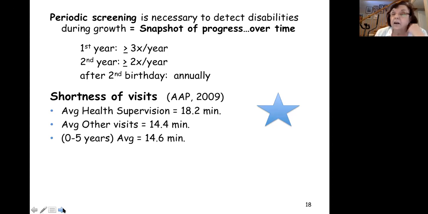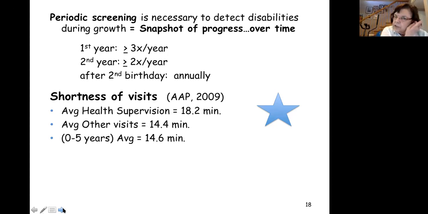And also I want to underscore the shortness of pediatric visits. On average, if you come in for health supervision, those regular routine appointments, those average about 18 minutes each. And all the other visits are around 14, 15 minutes.